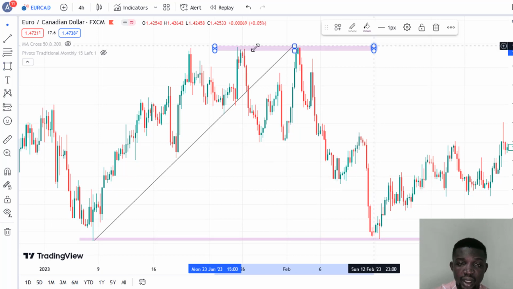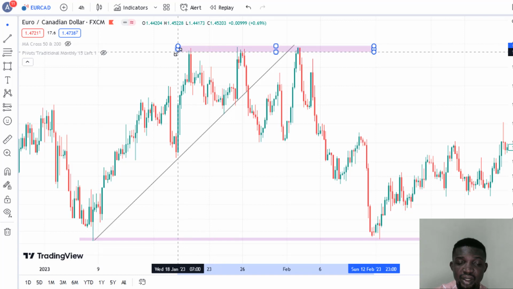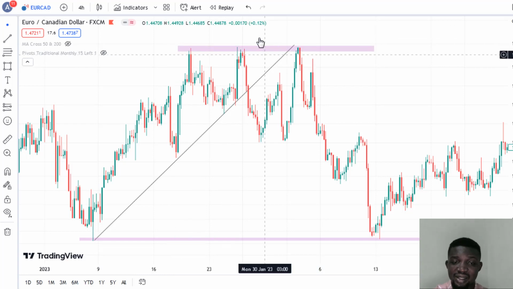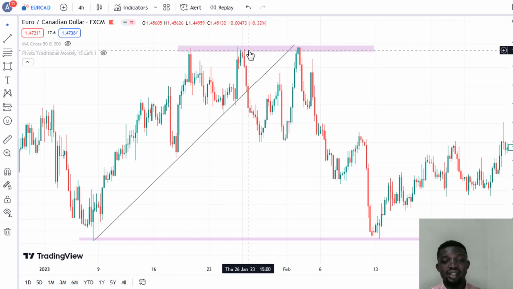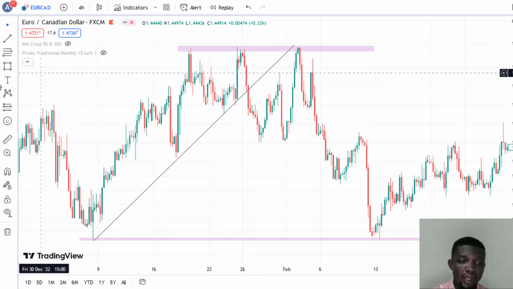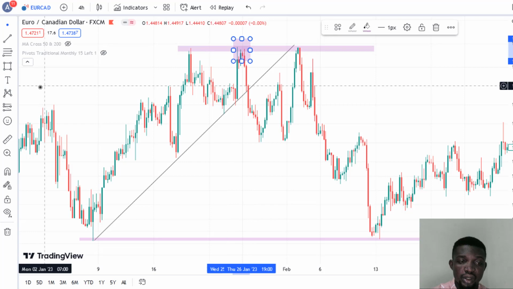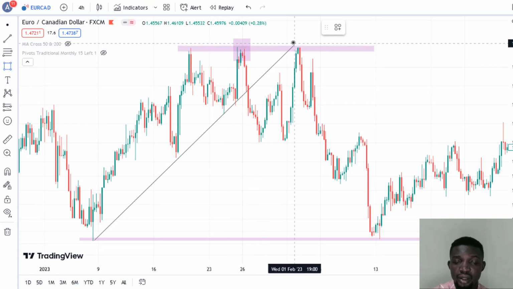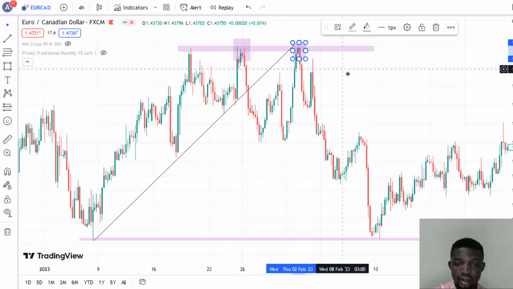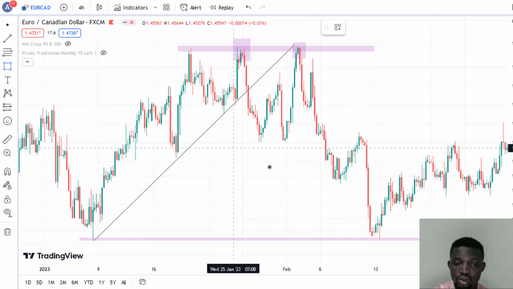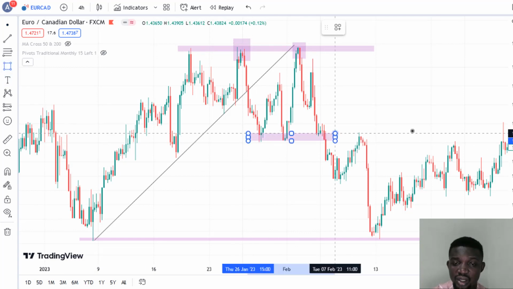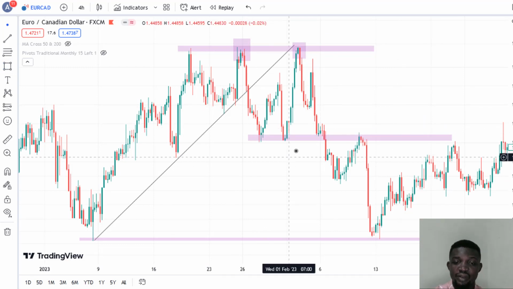At this point, price started creating a resistance there. Now I have my first leg here, and then I have my second leg here. Now this is going to serve as my neckline.